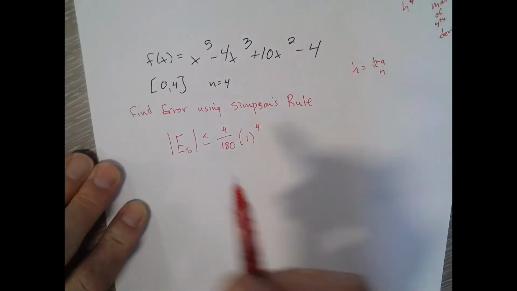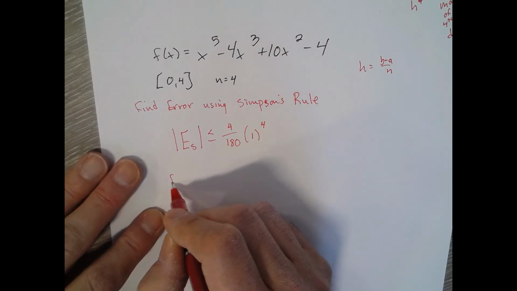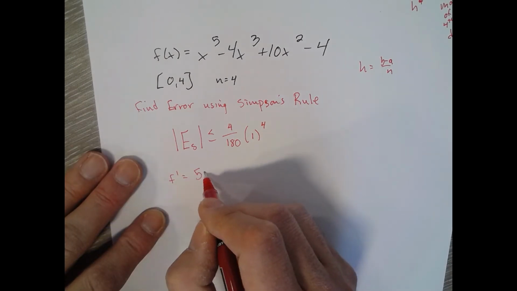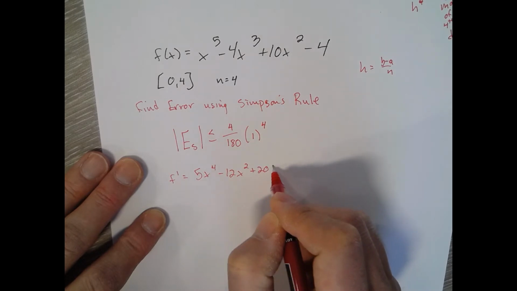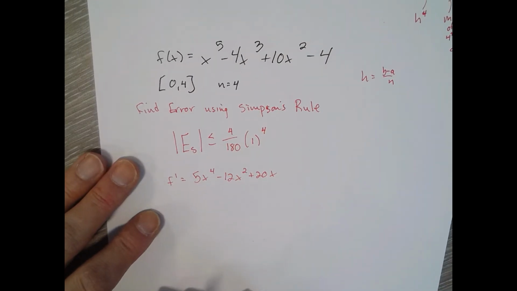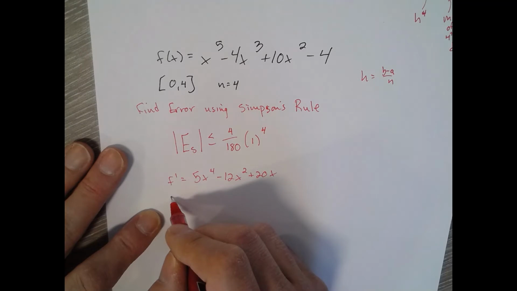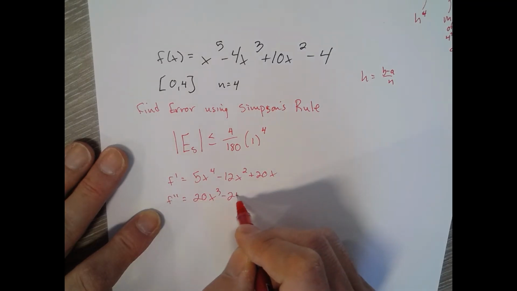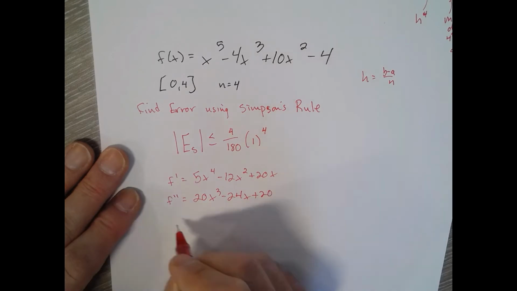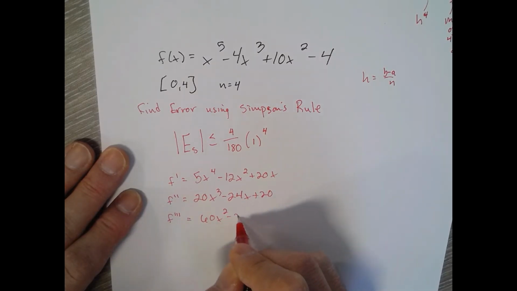All right, so f prime is 5x to the fourth minus 12x squared plus 20x. At least it's a polynomial. It's doable. F double prime is 20x cubed minus 24x plus 20. F triple prime is 60x squared minus 24.